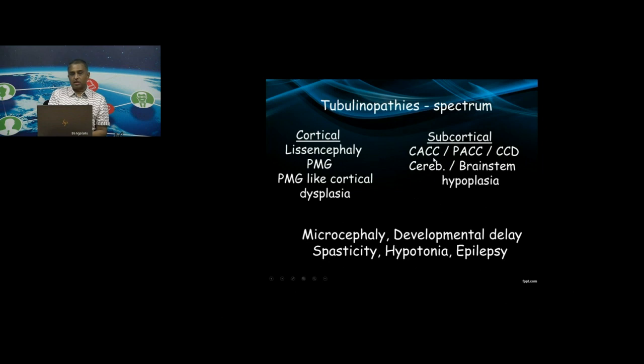Now, how does this translate postnatally? Microcephaly, developmental delays, spasticity, hypotonia, epilepsy, and this is again where a neuro consultant can translate these anatomical findings or genetic diagnosis into clinical symptomatology.